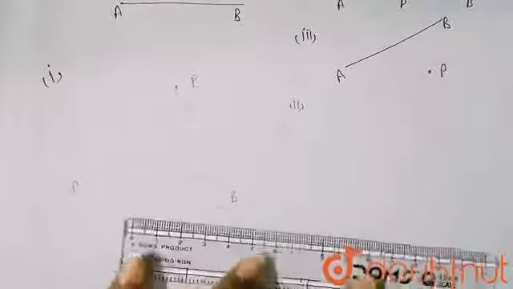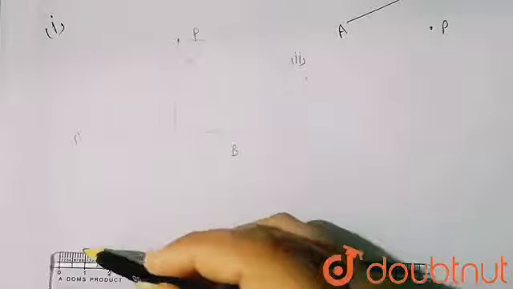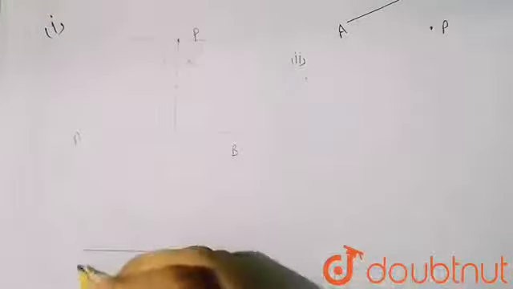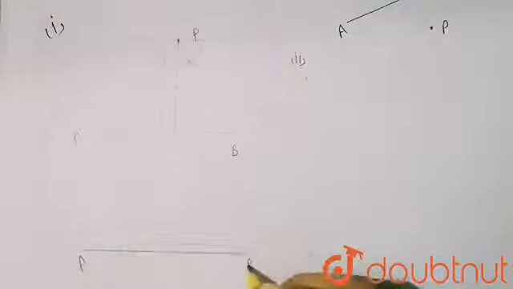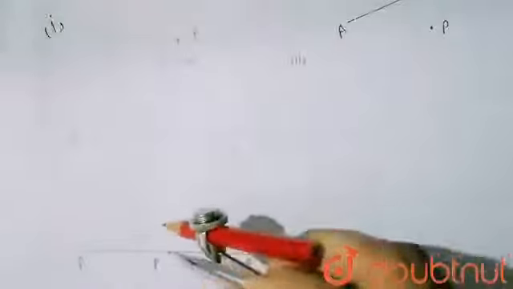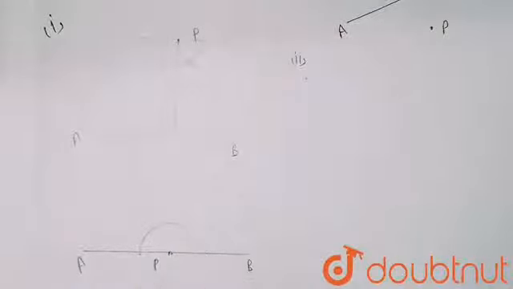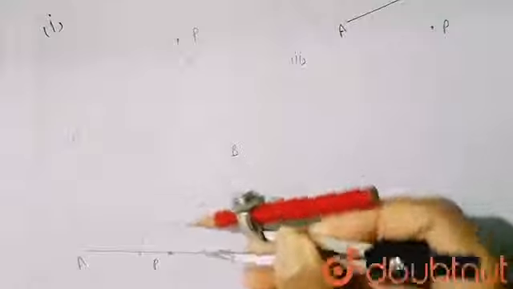In the second part, you can see again, here I will draw AB. This is my AB again. Now here the point is given on this line only. So by a similar procedure, I will draw an arc like this. This will be my arc. Now by putting at this point, I will cut an arc here.